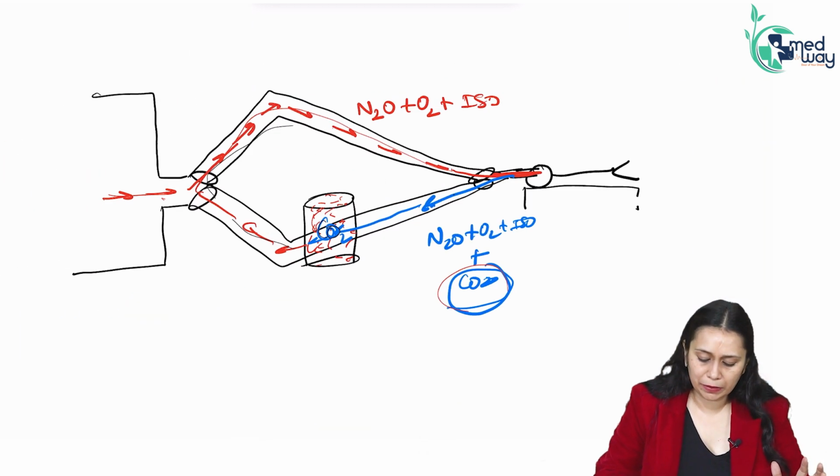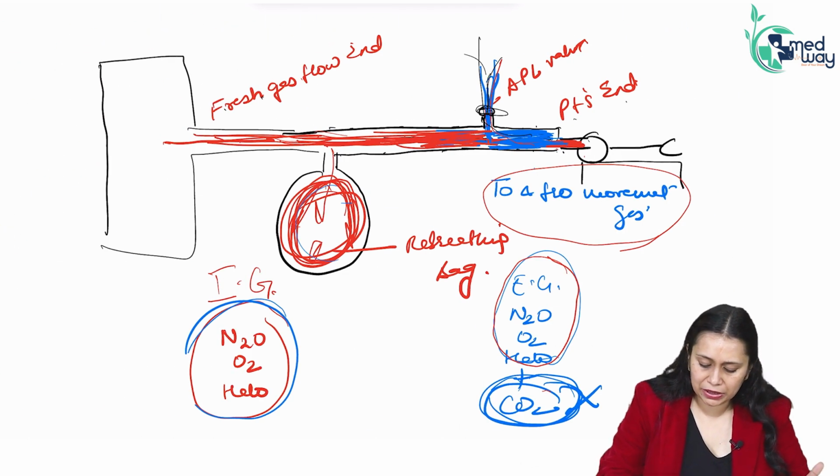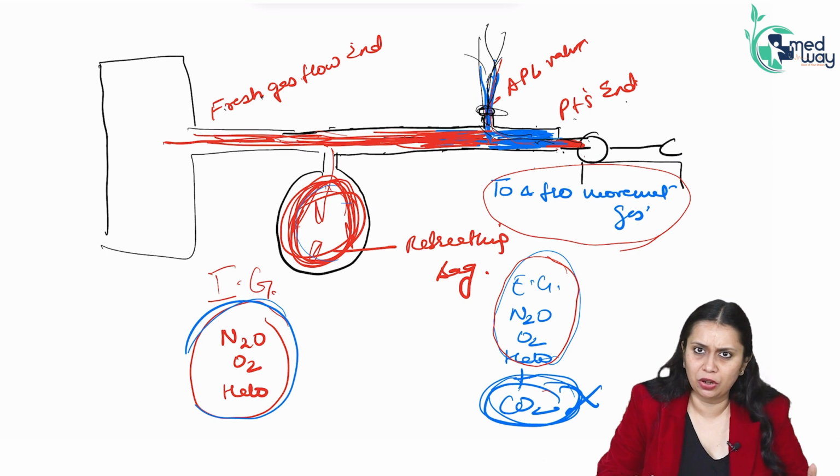Now, another benefit of the circle system over the Mapleson circuit. Here, all the expiratory gases are going into the atmosphere. We know inspiratory gases are non-humidified gases, and when they pass through the respiratory tract of the patient, the expiratory gases get humidified. So when there is a loss of expiratory gas, there is a loss of heat and humidification also.